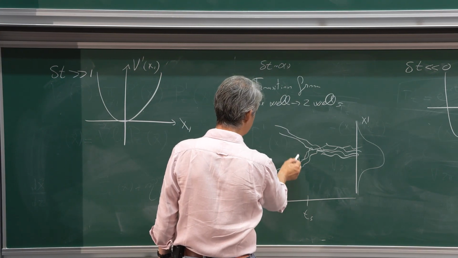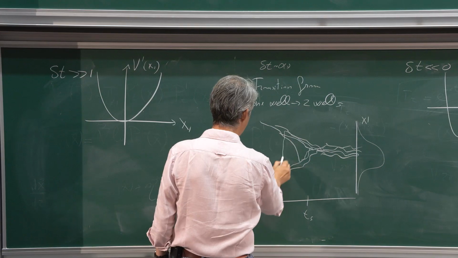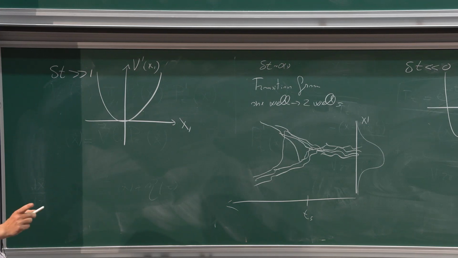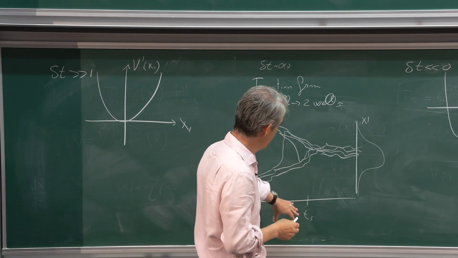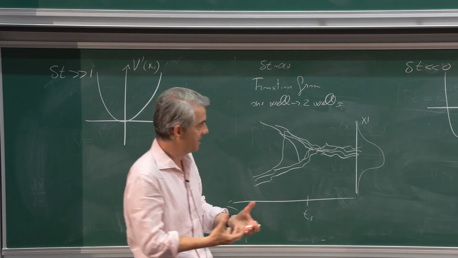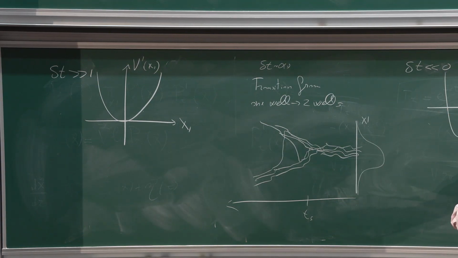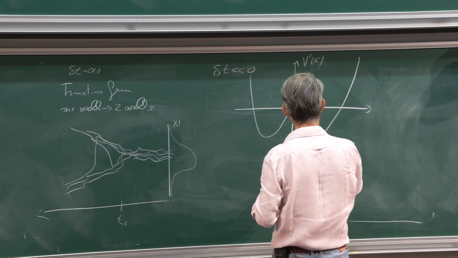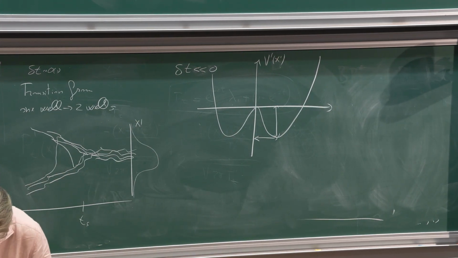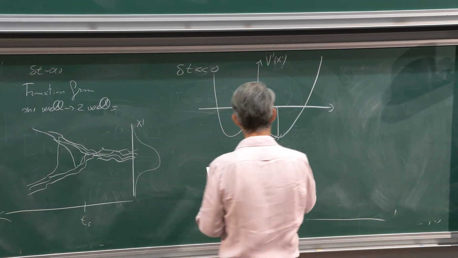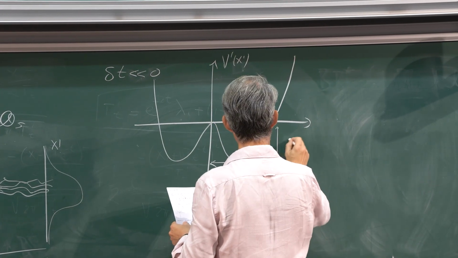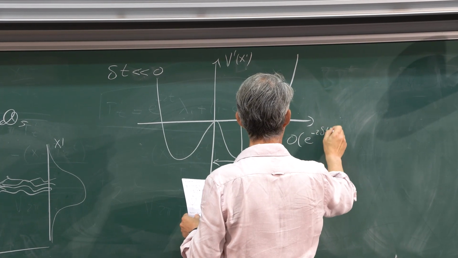You can have a trajectory which goes like this and then goes up, or a trajectory which goes up and then goes down. Around the speciation time, the potential is moving, and the height here should be of order exponential minus delta t, and this one of order exponential minus 2 delta t.